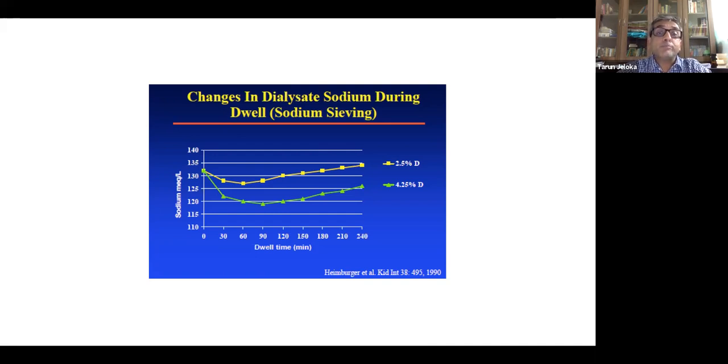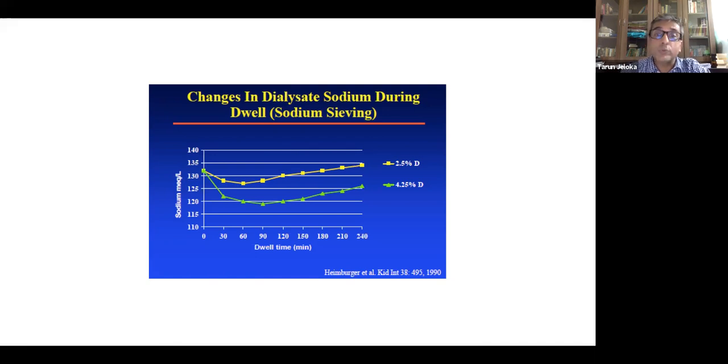And there might be poor ultrafiltration, and this simple test can document that there is failure of ultrafiltration because of aquaporin channels getting disrupted or not working. Right? I hope that this part is clear to all of you. Sodium sieving, what is the concept and what is its application?